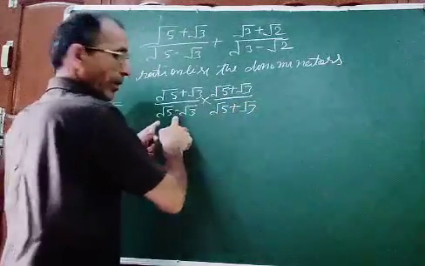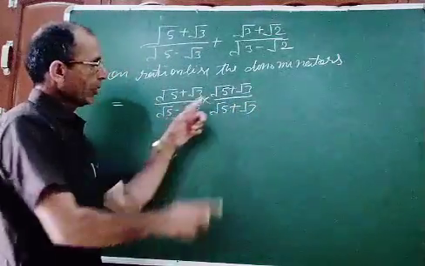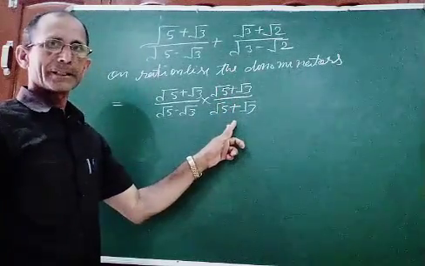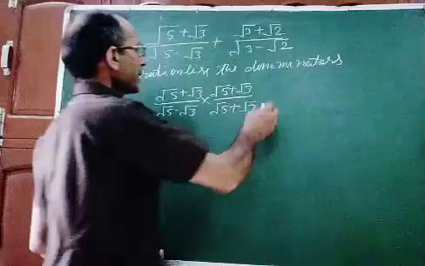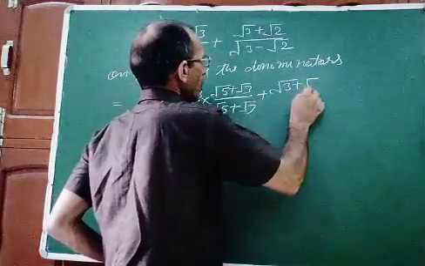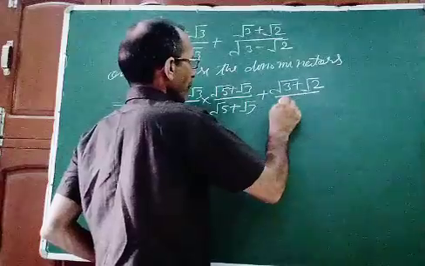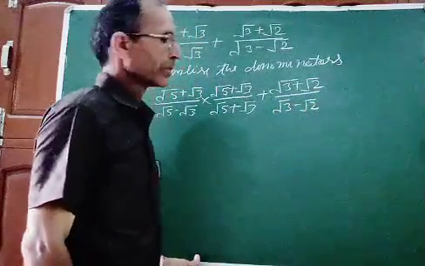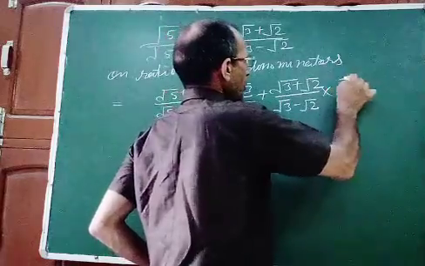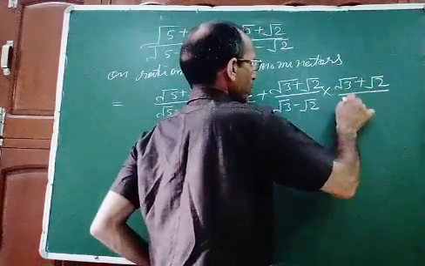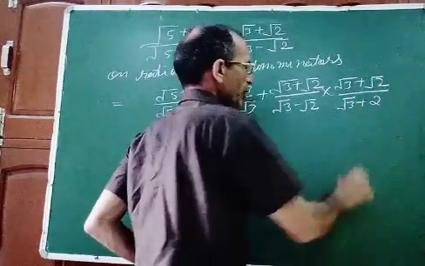You know here minus is there, so change the sign, multiply and divide. Clear? Okay. Similarly, (root 3 plus root 2) by (root 3 minus root 2), multiply and divide by (root 3 plus root 2).